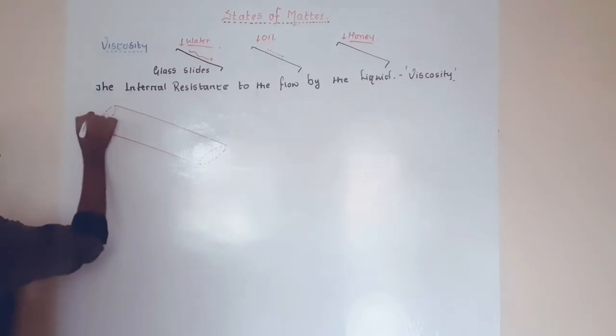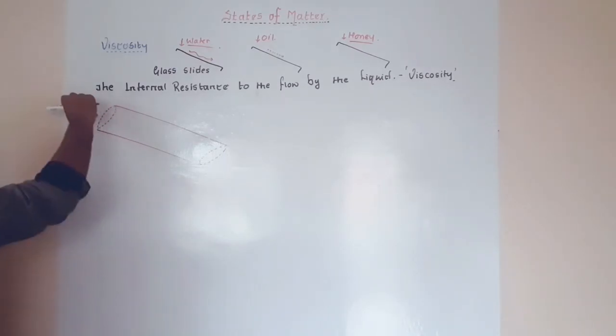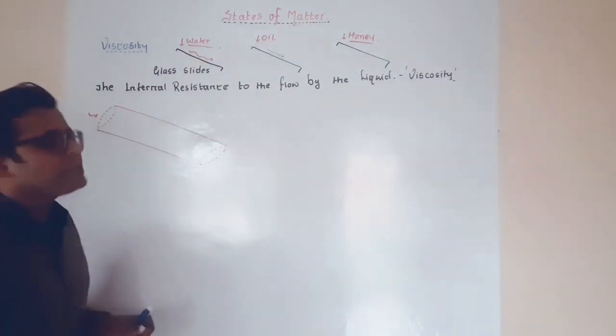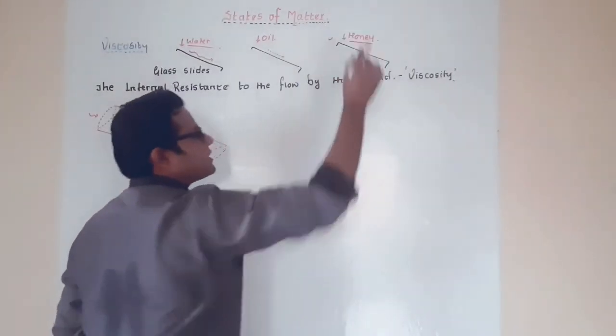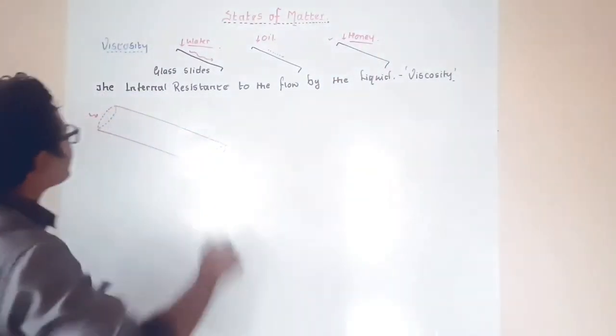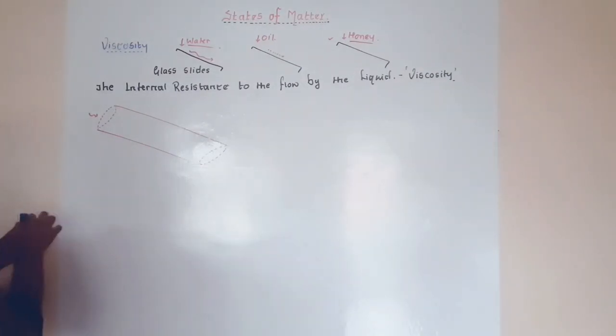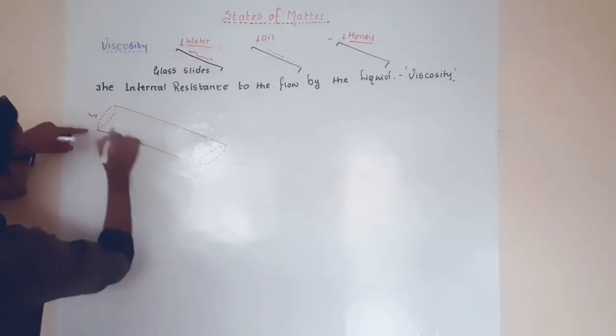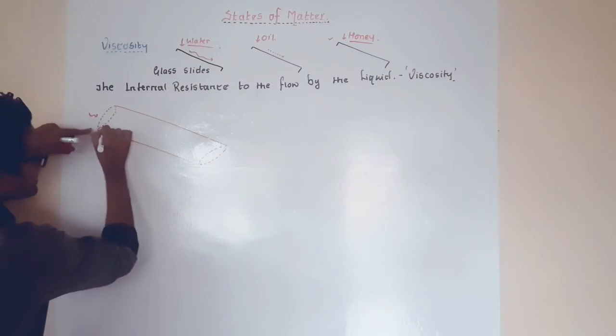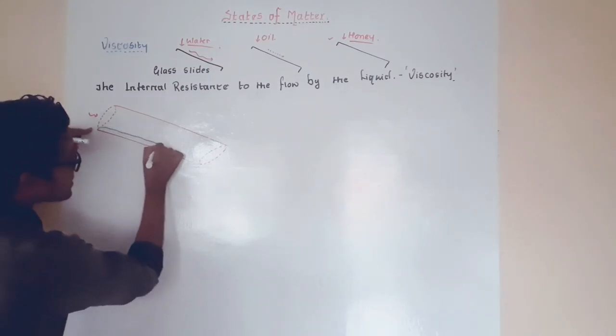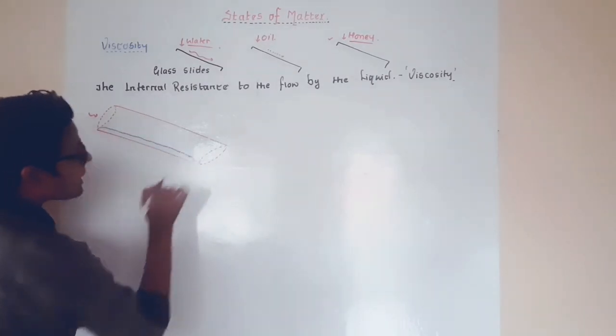Now over here, let us say that we are going to inject a particular type of liquid. Let us say that we are going to take honey over here. So when we take honey and push it inside, as it starts moving, there are going to be several layers generated while it is flowing.